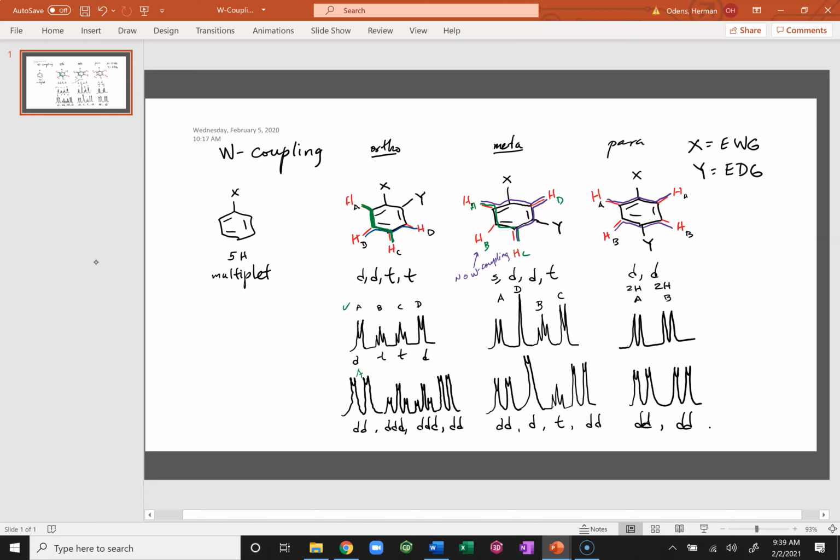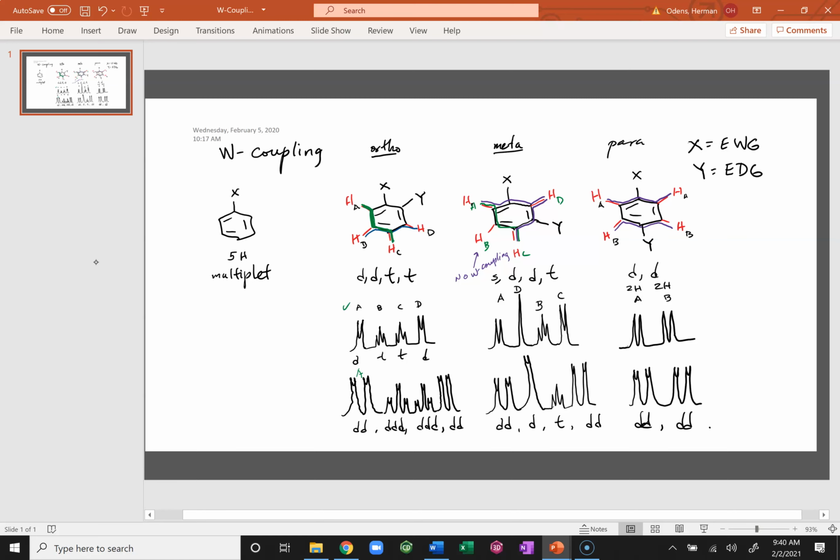So I don't want you to be confused when you look at this and say, oh, what's happening here? You can still treat this signal as a doublet, but just keep in mind that you have a W coupling, and that gives you information to say where I'm going to put this proton, and I'm going to show you why in a minute.